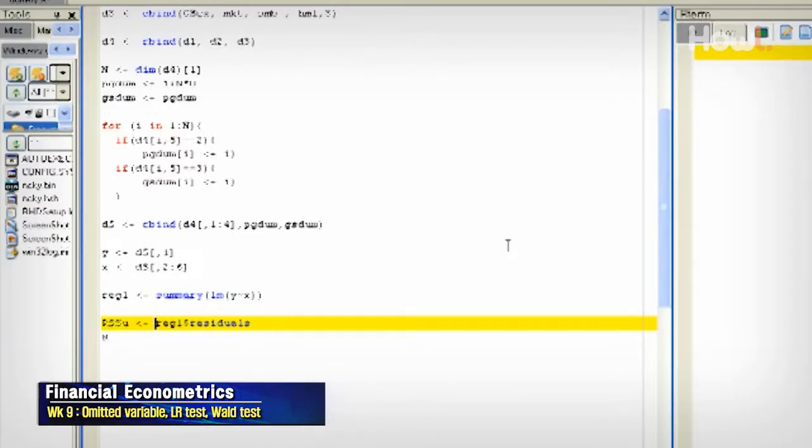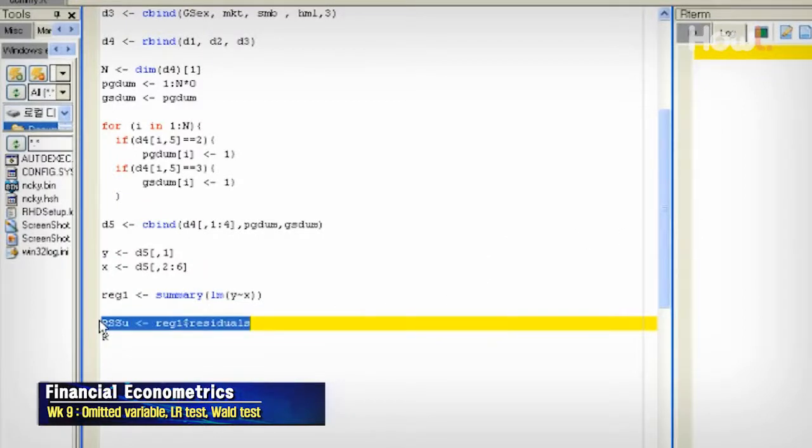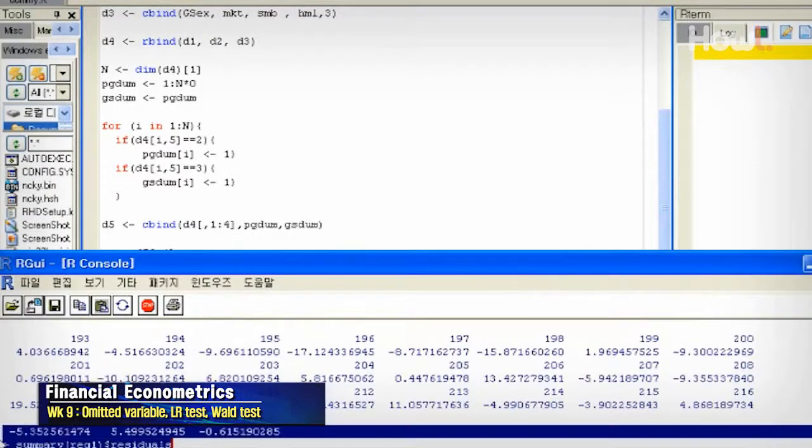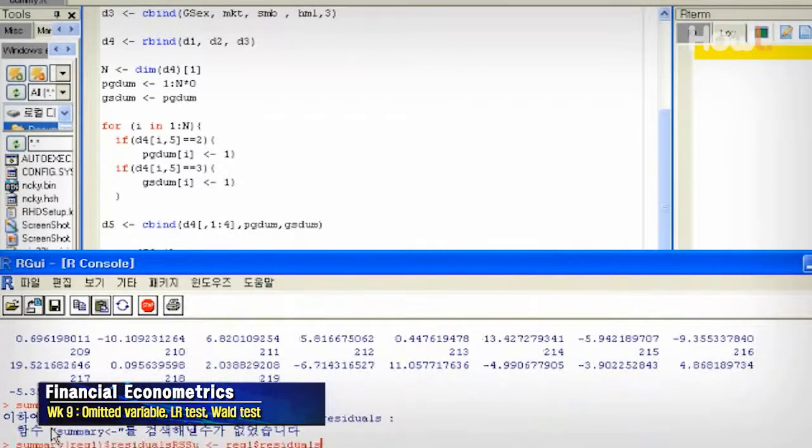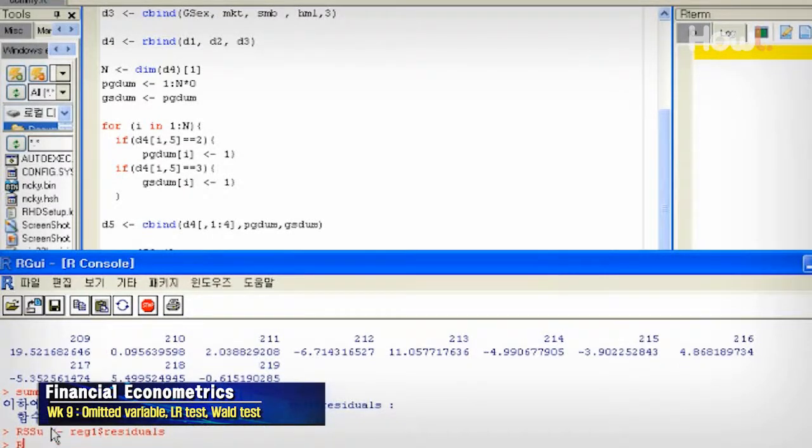How can I do the sum of the squares? Let me just open it. RSSU.